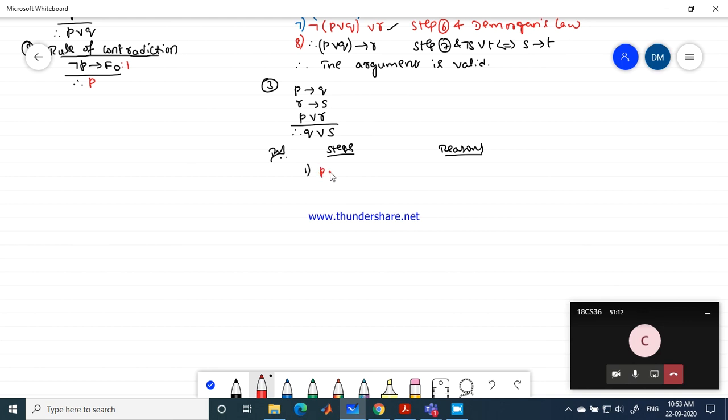Are you at least trying this? Yeah, please try this. Just like laws of logic, you can do even these problems in many ways.